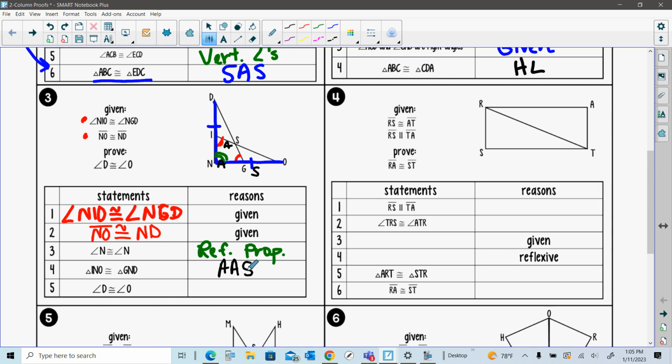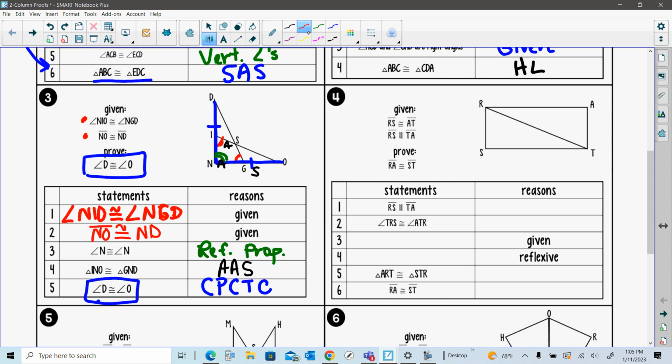So the last line is always what we're trying to prove, which is right there. What would be our reason for this last statement? Very good. CPCTC. Say it fast. Oh, you got it today, huh, Josh?